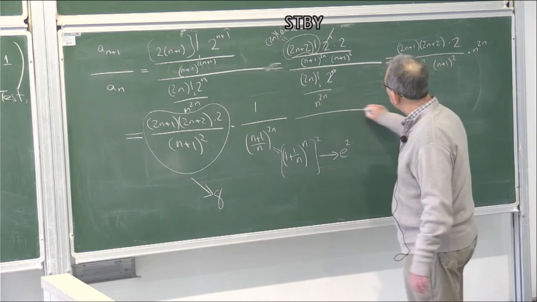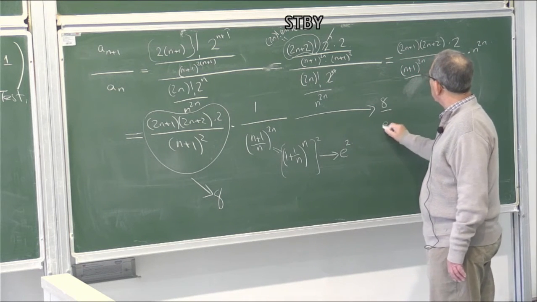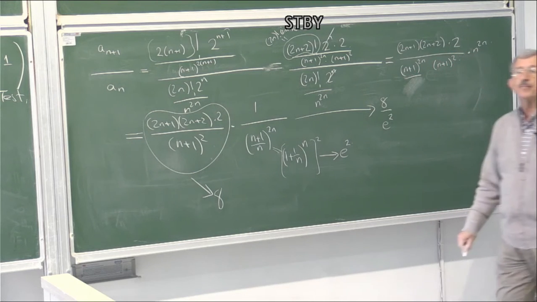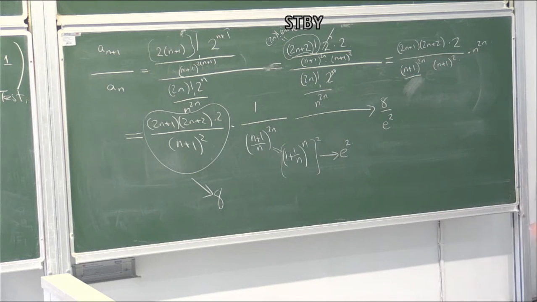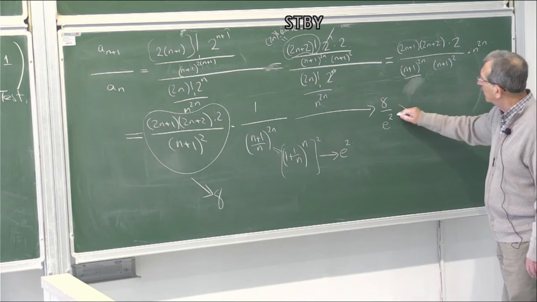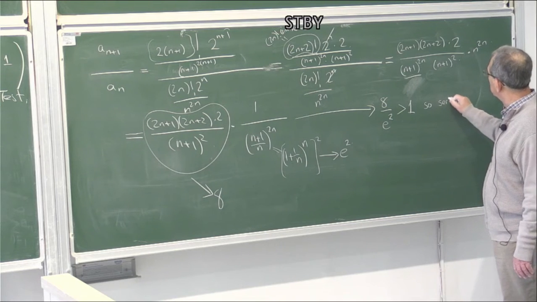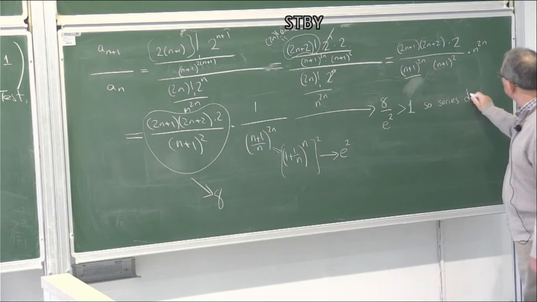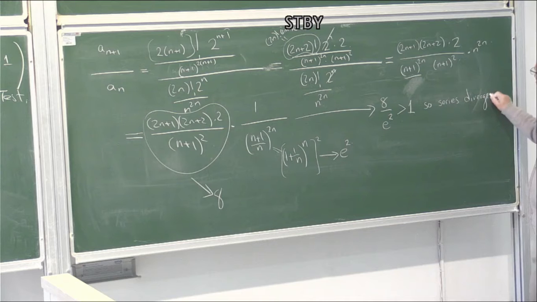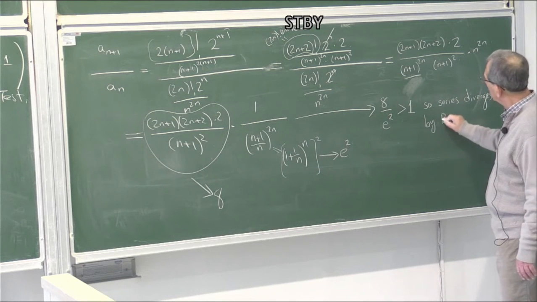So the whole thing goes to 8 over e squared. Now, this term, one can easily calculate, is greater than 1. So the series diverges by the ratio test.